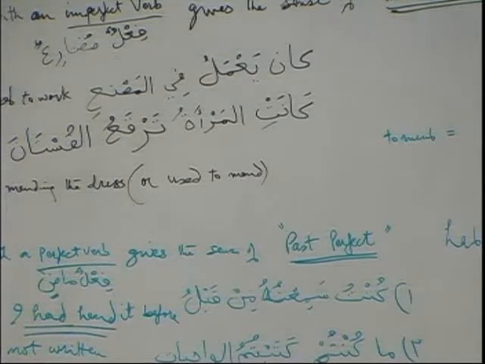And for continuity, you will use kana with mudari'a. Keep that in mind. It will inshallah help you. Are you with me, brothers and sisters? This is an extra note for you to bear in mind. This will help you later on when we learn Quran and everything, inshallah.